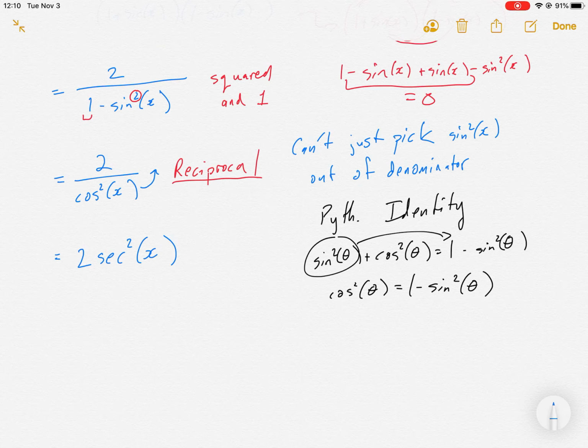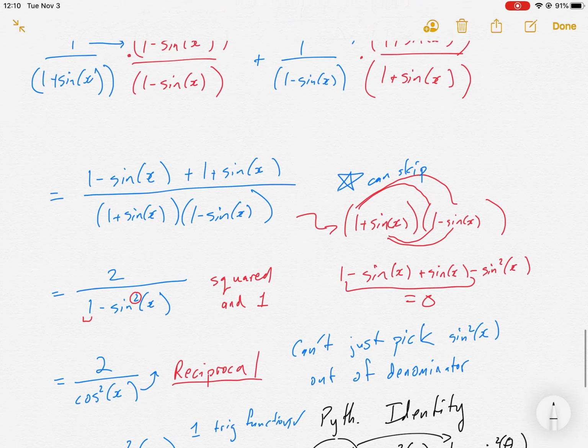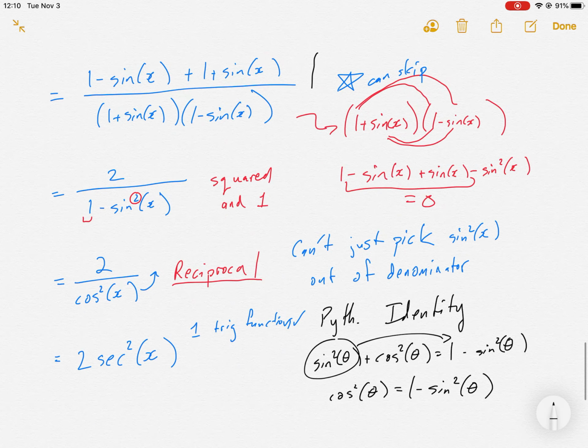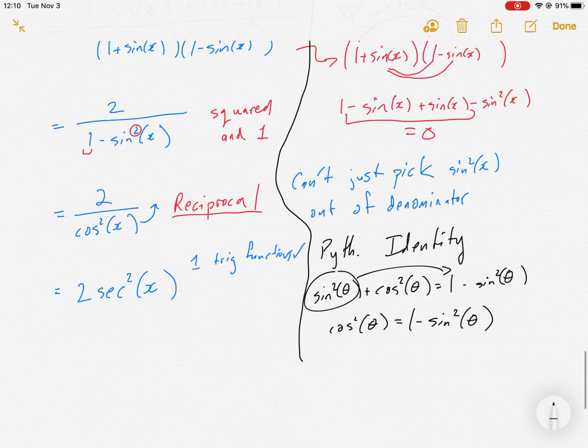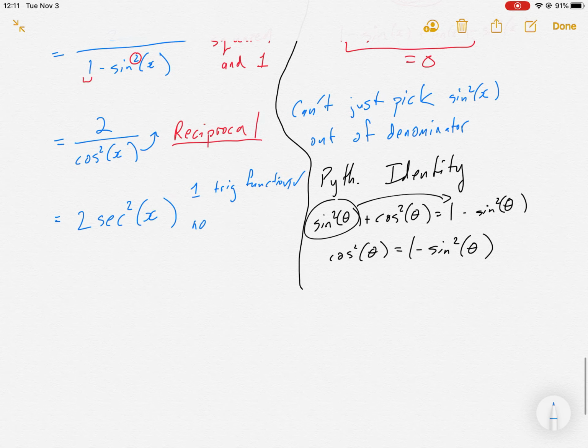So notice now that even though there's a squared, I only have one trig function. I think I'm going to break this up here because I have some scratch work off to the side and I want to make sure that makes sense. So I have one trig function. I also have no denominator. And so that means I'm done. This would be my final answer.